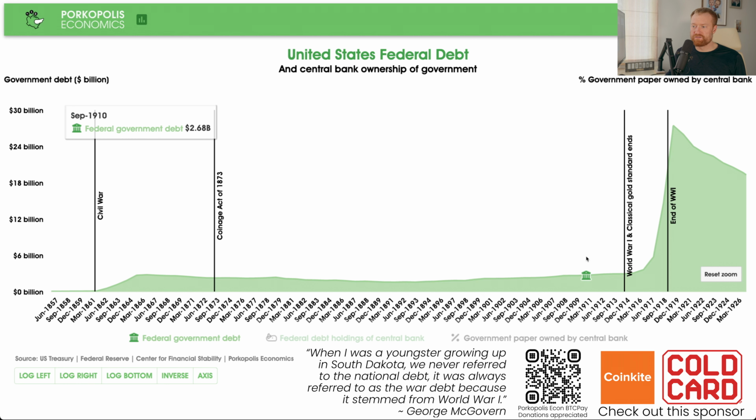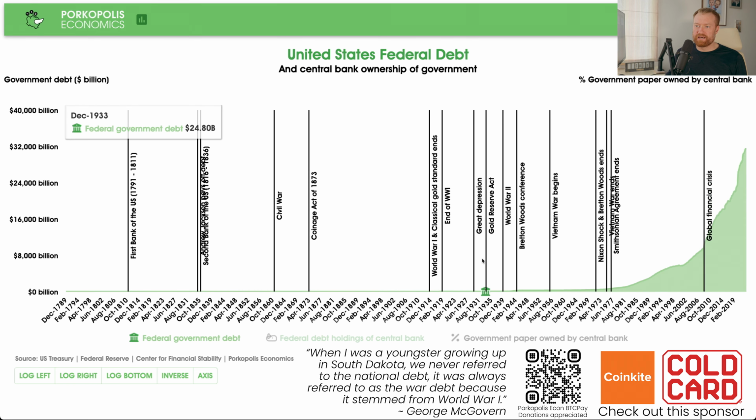But then you see that once the US entered World War I, the classical gold standard collapsed at the start of World War I. The United States massively expanded its public debt to finance its entry into war. It literally went up 10 times, from roughly 3 billion to 30 billion.